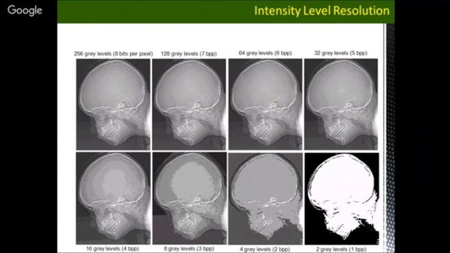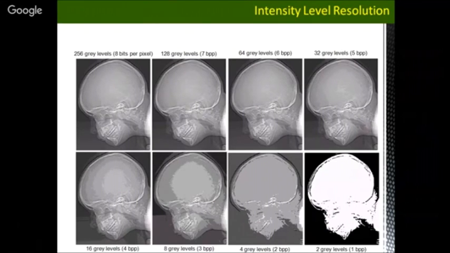I don't know whether you can yourself discern or resolve these levels or not. In between, the top right is 5 bits per pixel, that is 32 gray levels. So this shows that there are two resolutions which play in an image. One is the intensity resolution that you are seeing here, and previously you saw the spatial resolution.